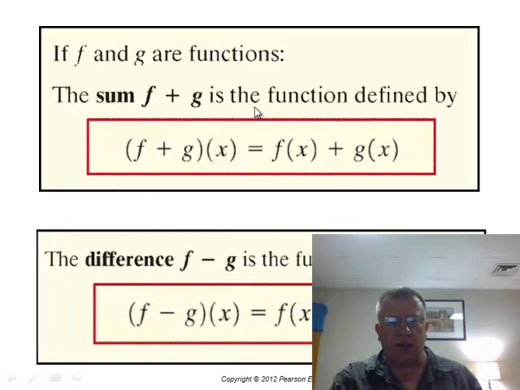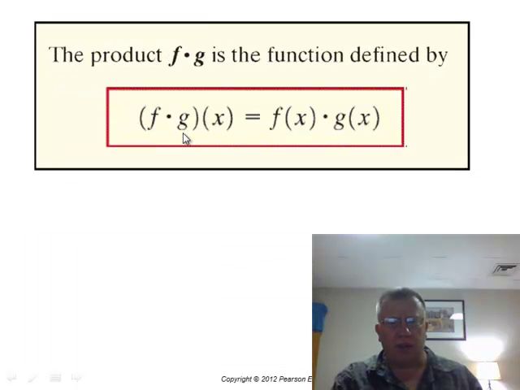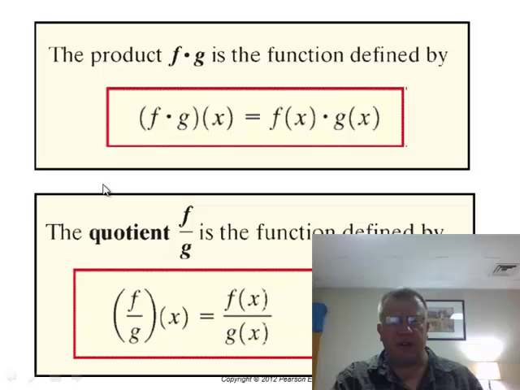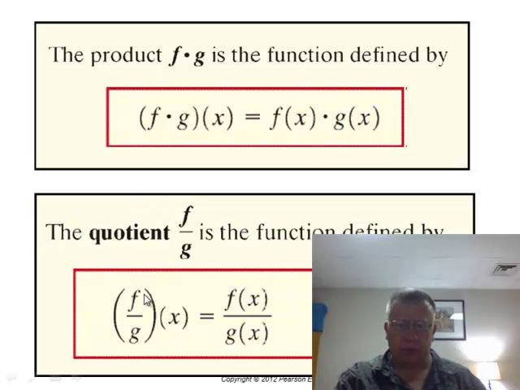Likewise for f minus g, the difference, f times g, and f divided by g. We have to be careful and make sure that we're not dividing by 0. So we would have to exclude from the domain of our new function any values of x which would make the denominator equal to 0. Of course, you knew that.